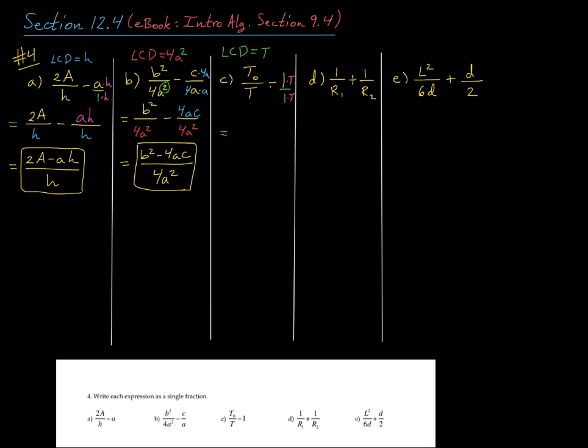So in other words, we're just really rewriting 1 as t over t. So I get t, and this usually would be said out loud as t naught or t sub 0. That's a subscript. Okay, and then I get t over t. And so this would be t sub 0 minus t divided by that common denominator of t.